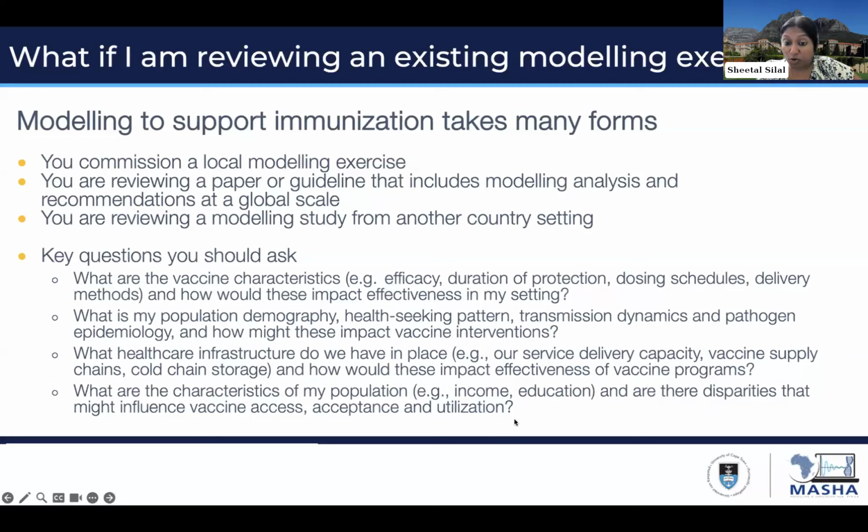What are the characteristics of your population with respect to income, education, or other socioeconomic vulnerabilities, social vulnerabilities in the population? Are there disparities in your country that might influence vaccine access, acceptance, and utilization? So it's quite a lot of work to translate a modeling study that has already been done, but very essential work.